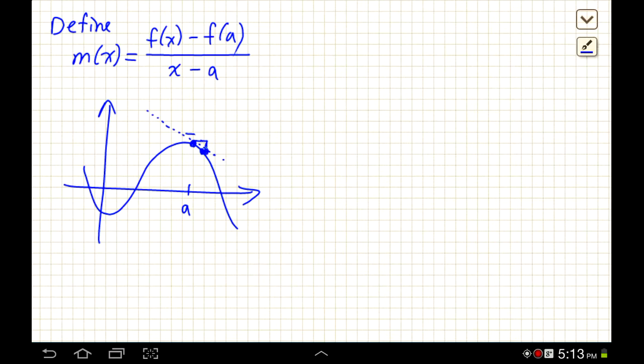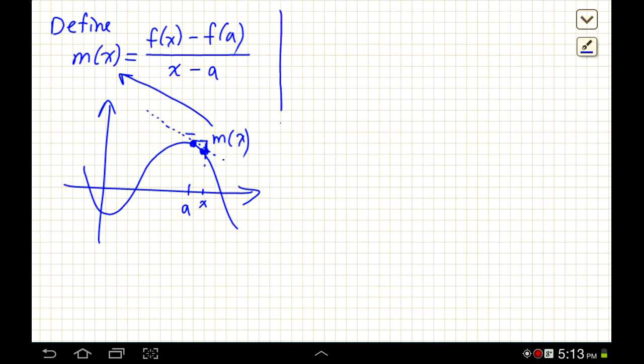If this point is a generic point x, then the slope is just m of x. This is what we mean by this function here. With this function, you could obtain a closer value to a. Let x be some number that gets closer and closer to a.